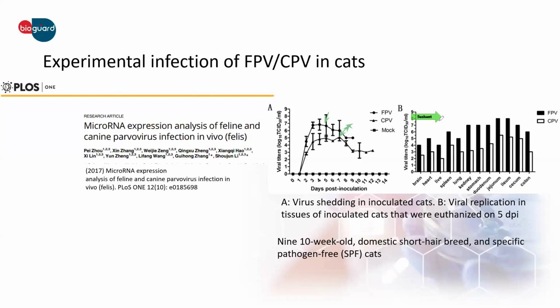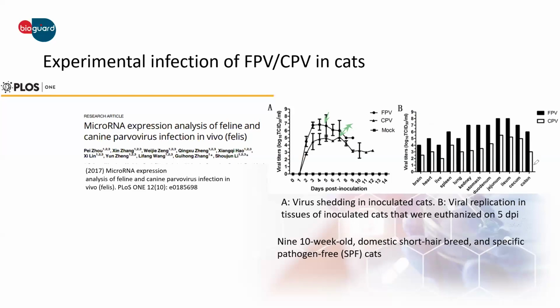And we can see the same thing for the FPV, they have the titer of the virus. FPV has higher titers compared to the CPV in those infected tissues. And by the way, the age of the cats being infected is 10 weeks old.